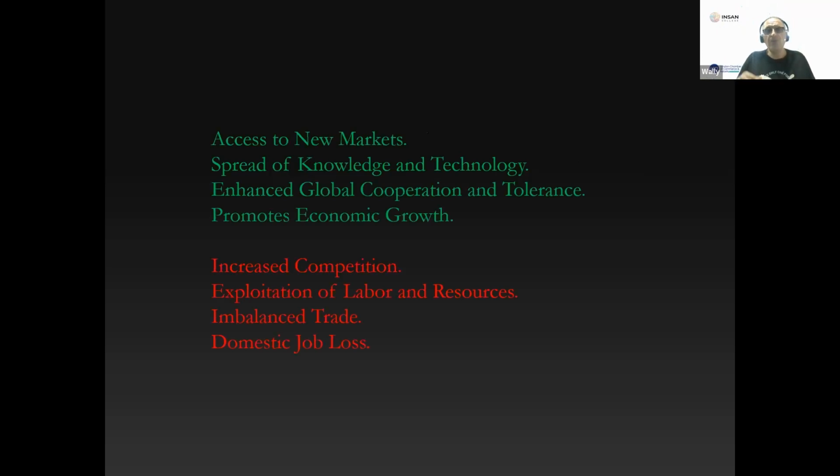All right, so what are the benefits or the pros, and what are the negatives, the cons of globalization? The pros are that you and your business will get access to new markets. For example, Lacey wants to open a fashion dress shop, and her dresses are very popular for young girls of her age in her country. But she knows that if young girls working overseas saw her dresses, they'd also like them.